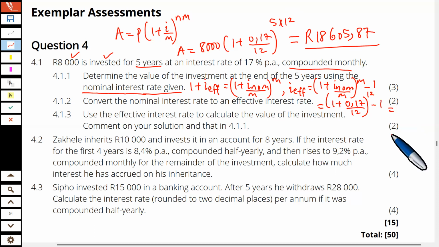Right, so let's do this calculation, please. So the calculation is 1 plus 0.17 over 12, to the power 12, minus 1.